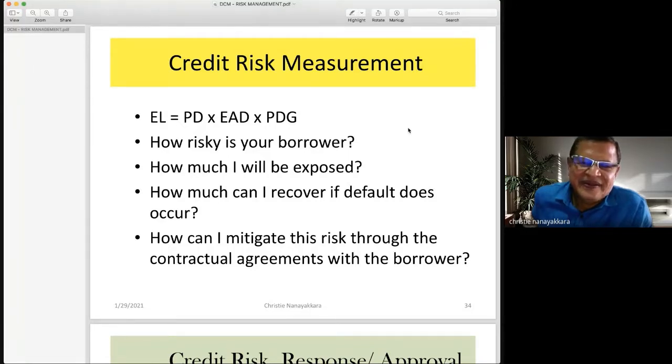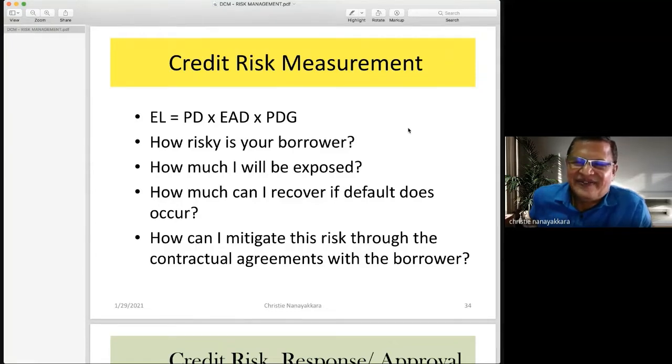So the probability of default is 1%, right? PD now stands for 1% because that's the NPA. So after 3 years, the NPA is 1%. That is our probability of default.